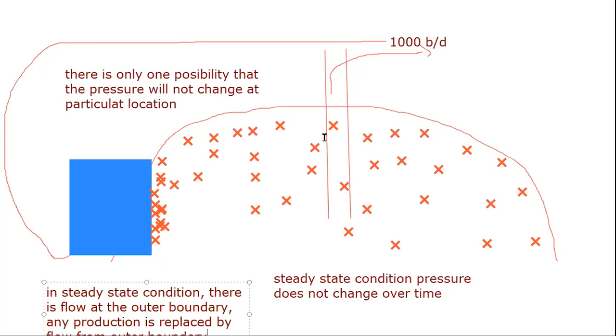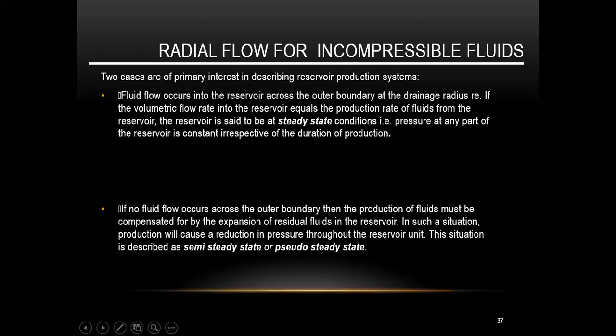For example, whatever you are producing is supported by water or any fluid which is outside, and from the outer boundary it is supporting it. Now if I stop here, let's look at the definition. Fluid flow occurs into the reservoir across the boundary, as I showed you, at the drainage radius.